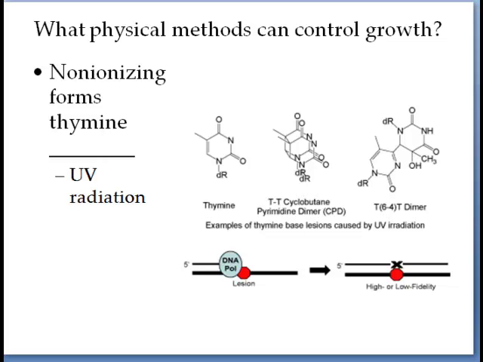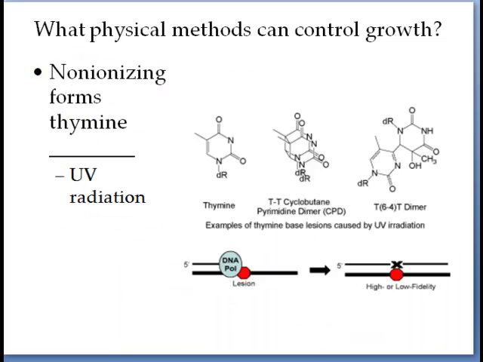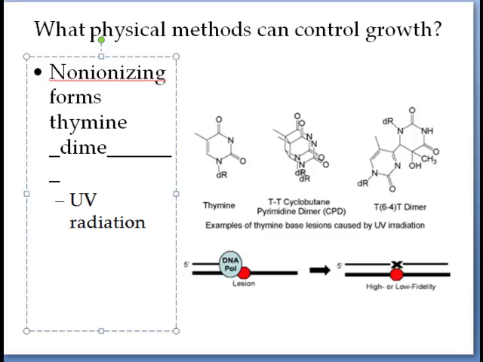What physical method can control growth? The non-ionizing form, UV radiation, is the one that will control growth by forming what are called thymine dimers. Thymine dimers mean that there are two thymine molecules attached together to form a dimer.